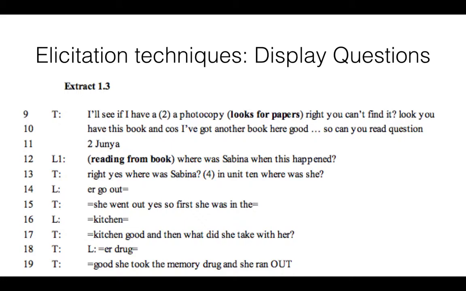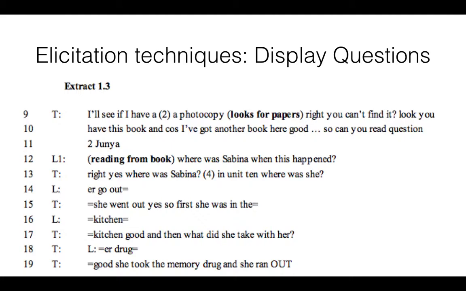Okay, good. So you notice there that the teacher is using display questions for eliciting information from students. So, can you read question 2, Junior? So, directing. There's reading there. And then he asks, where was Sabina in unit 10? Where was she?